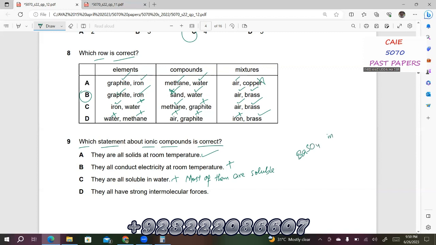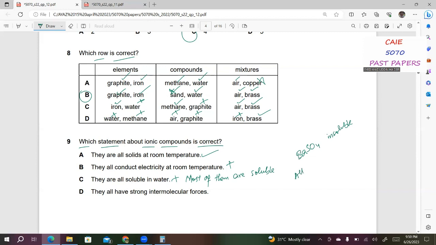It's insoluble. All carbonates are insoluble except group 1 and ammonium. So not all the ionic compounds are soluble.